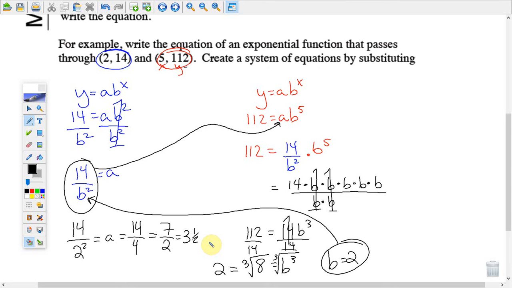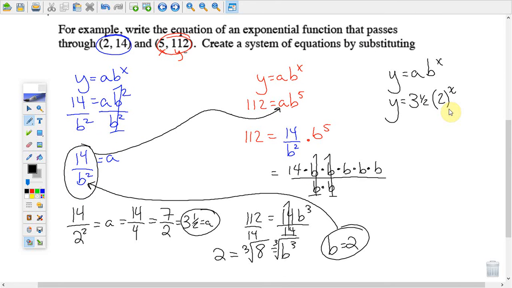So now I know that my a value is 3.5. My b value is 2, so my final equation, which is still in the form of ab to the x, is going to be y equals 3.5 times 2 to the x.